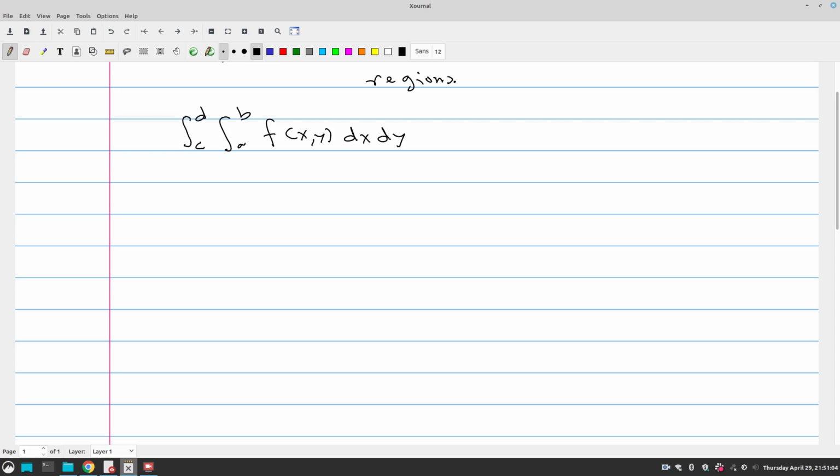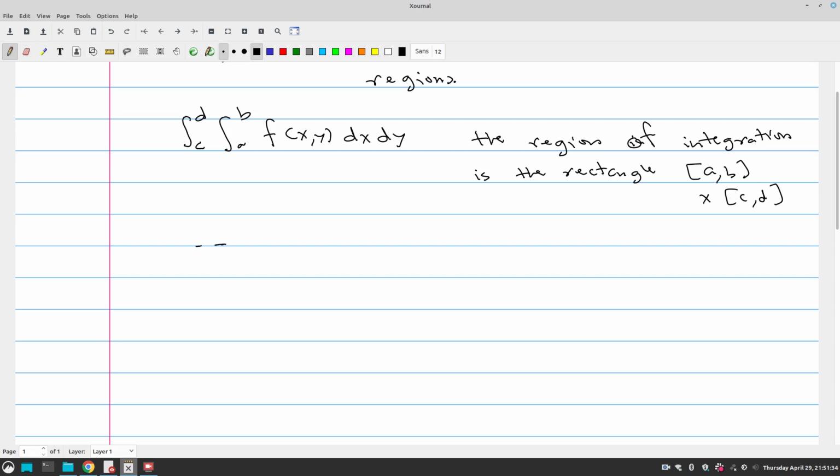So the region of integration is the rectangle AB cross CD, meaning x goes from A to B.